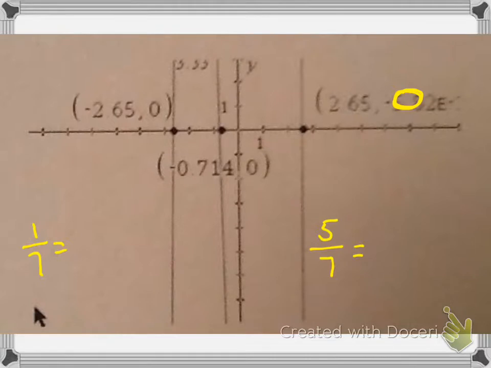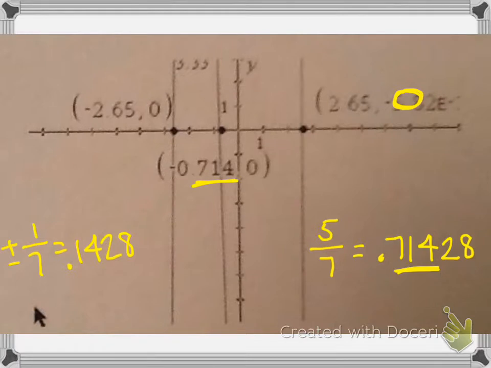So when I do 1/7 on the calculator, I get 0.1428. Now remember, that could be positive or negative. That's not one of my decimals. Or 5/7 is 0.714, and it continues to 8, but the first 3 numbers exactly match this root here.